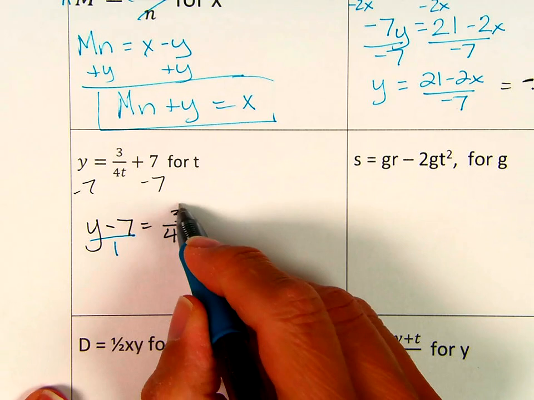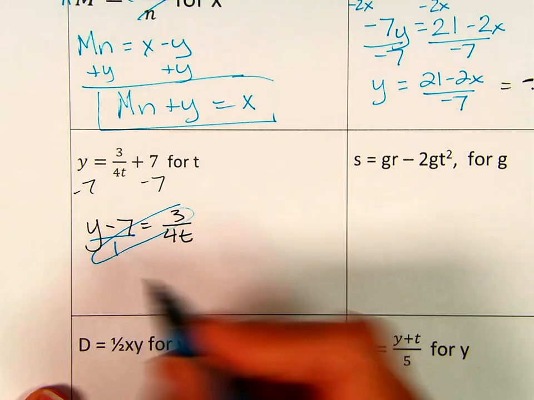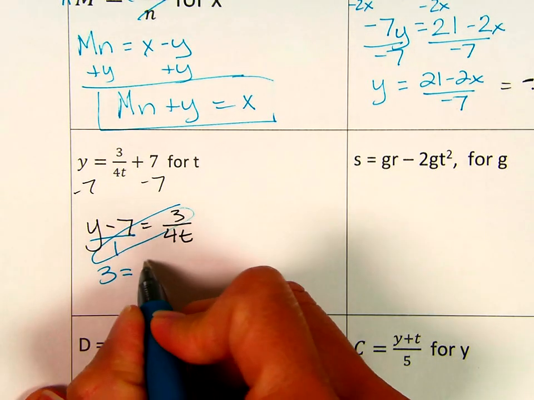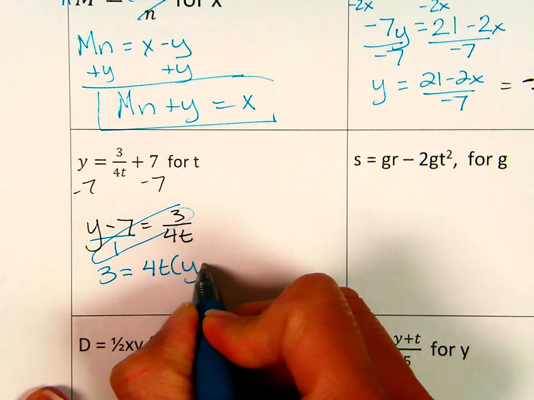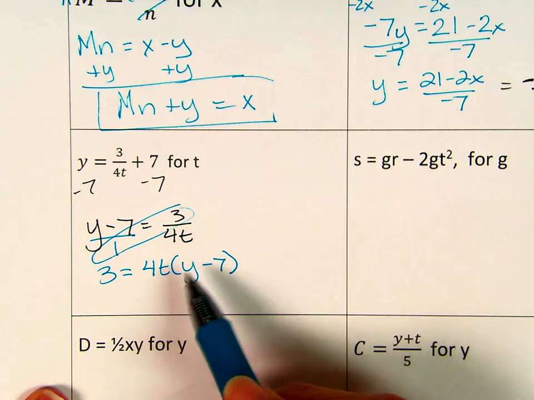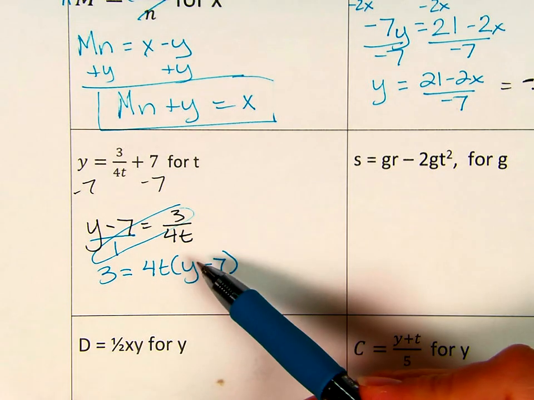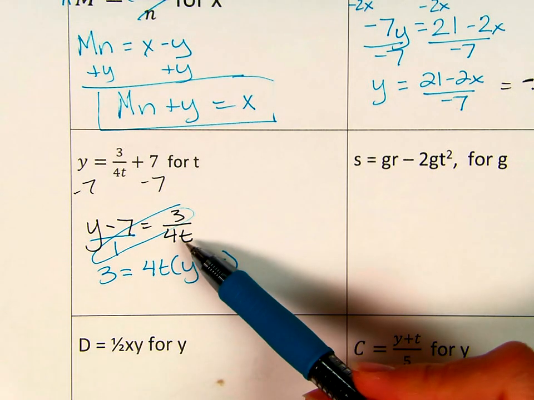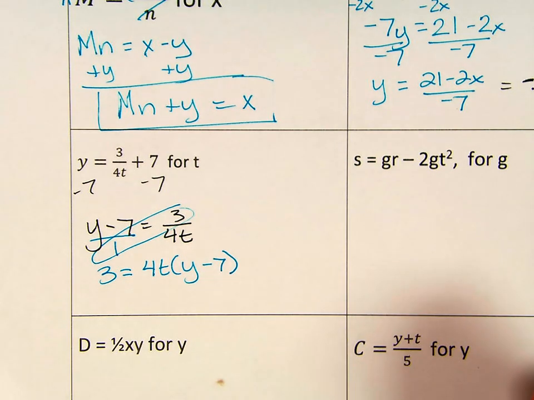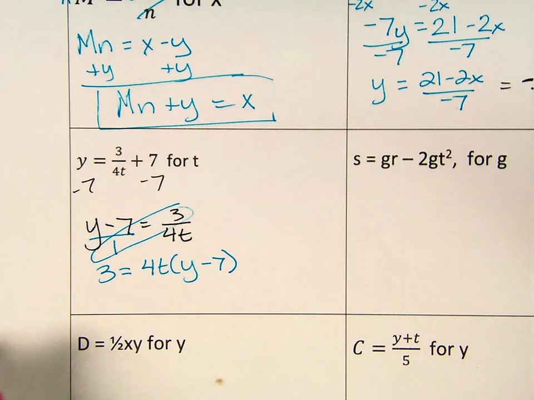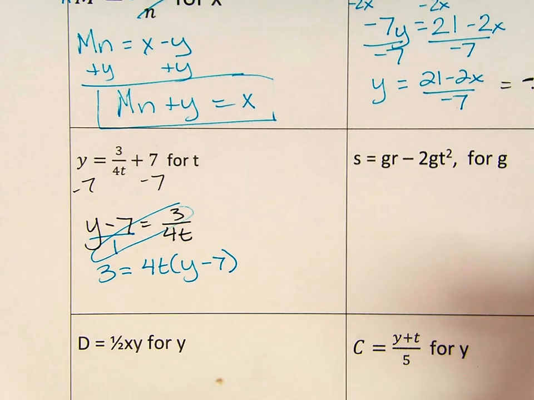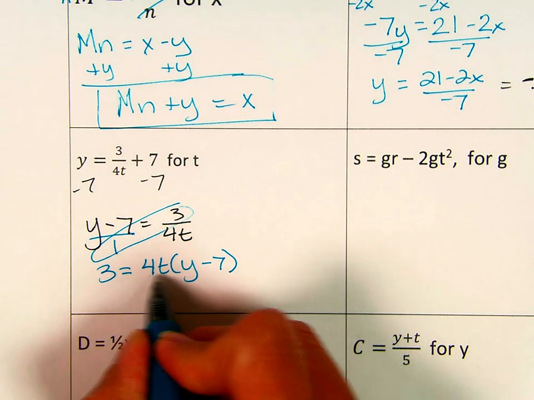Cross multiply, if you remember, takes the 3 times the 1 and sets it equal to the 4T times Y minus 7. So now it's no longer the denominator. You can't really solve for T very easily if it's in the denominator. You've got to get it up in the numerator, because if it's in the denominator, it's not T, it's 1 over T. Anyway, now it's being multiplied by 2 things.